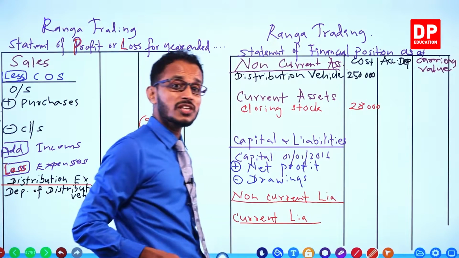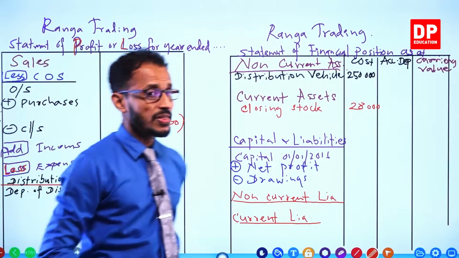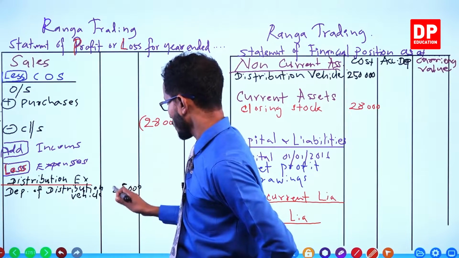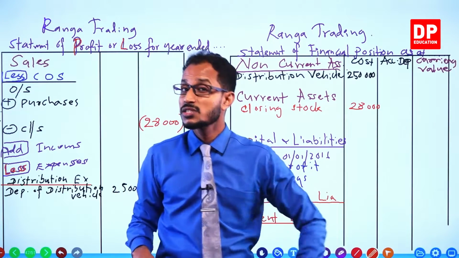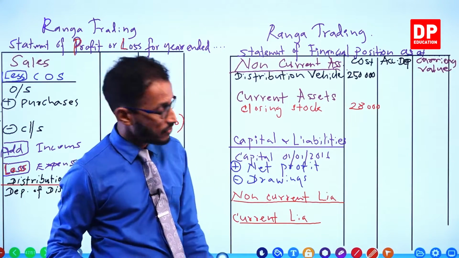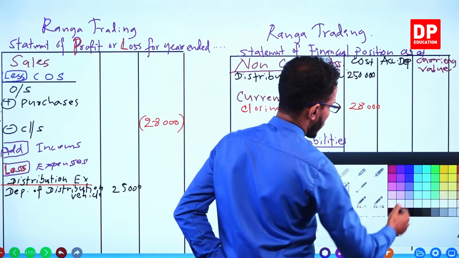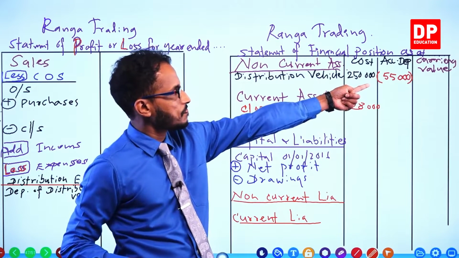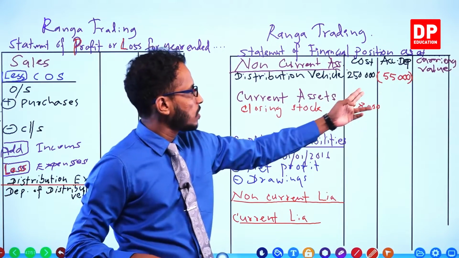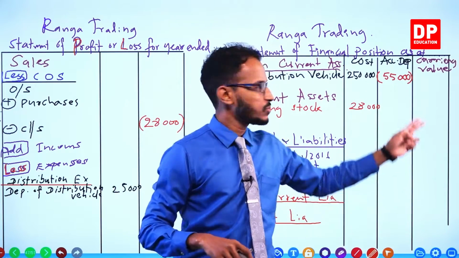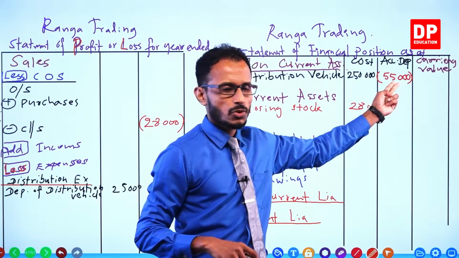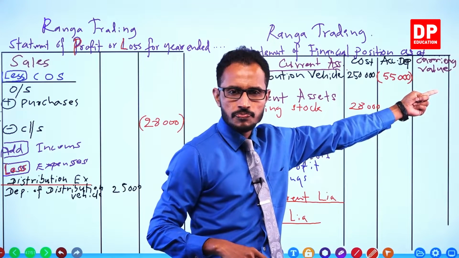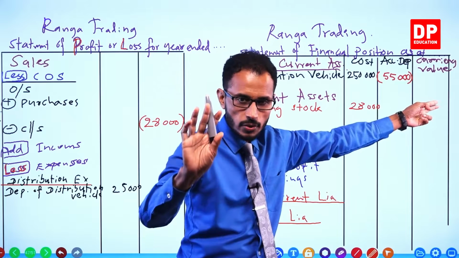Accumulated depreciation is how much? Is it 25,000? No, it's 55,000, within brackets. If you want, you can put the carrying value right now. Oh, okay, wait.